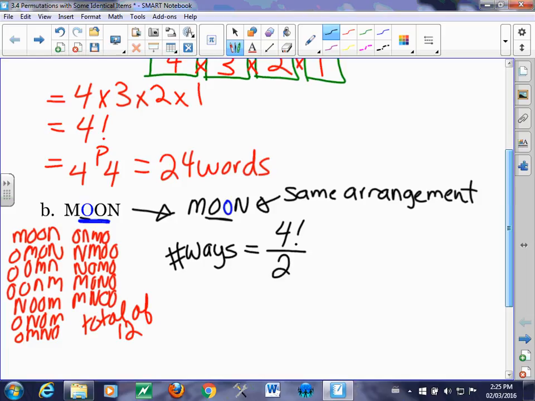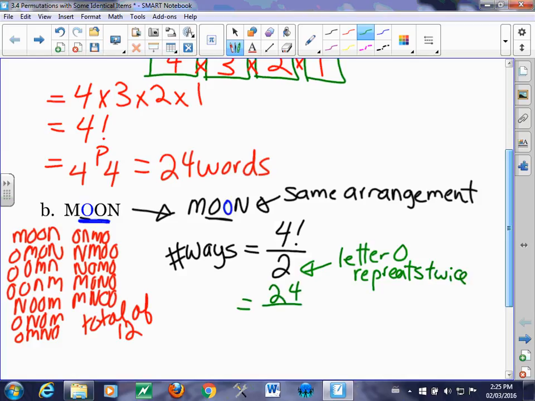The repeat letter is O, so I'm going to put down 2 because we see the letter O repeated twice. Plugging that in your calculator, that's going to be 24 divided by 2, because when those O's look the same, you've got to divide by 2. So that's going to give you 12 different arrangements, or 12 ways.